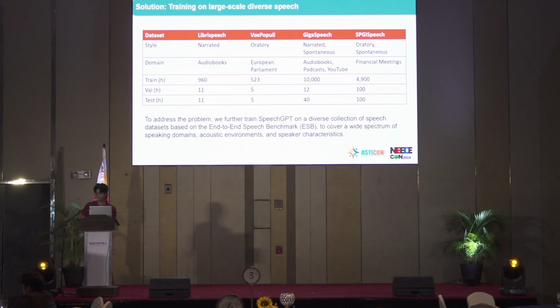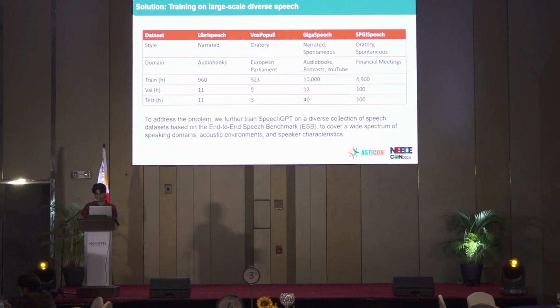To address the problem, we further trained SpeechGPT on a diverse collection of speech datasets based on the end-to-end speech benchmark, as shown here in the table. These are the 4 datasets. The first one is LibriSpeech, which consists of narrated audiobooks. The second one is VoxPopuli, which consists of oratory speeches.